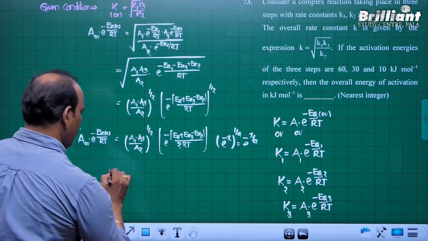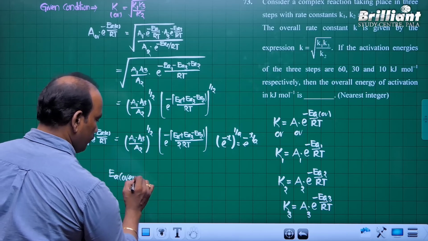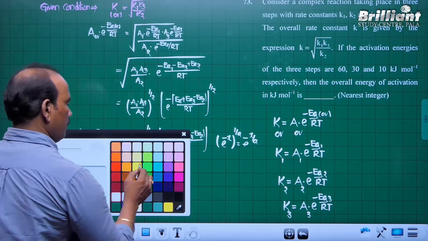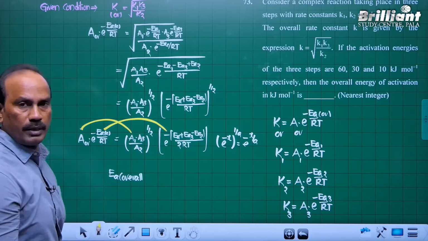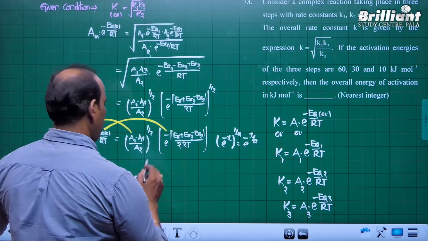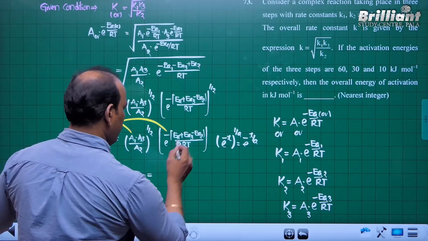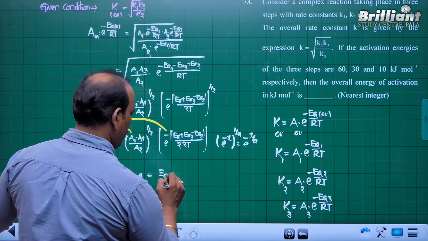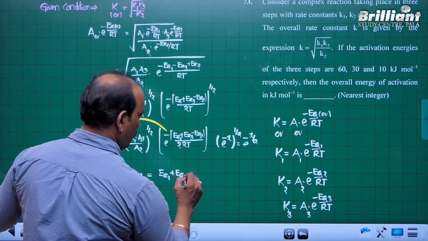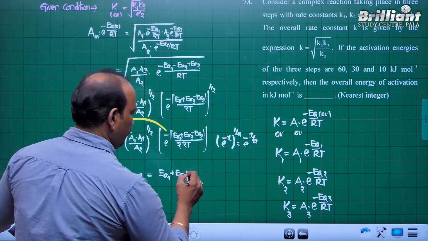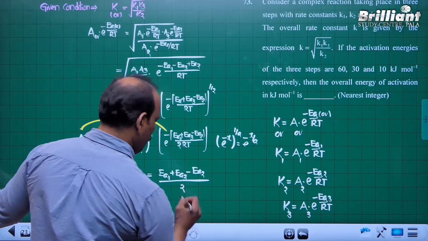Therefore, the overall activation energy equals EA1 plus EA3 minus EA2 by 2.